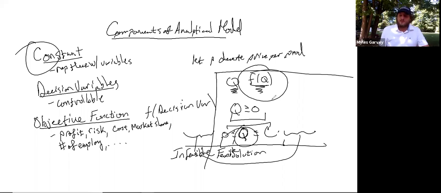These statements are what we refer to as constraints. So constraints give us the ability, as the name suggests, to constrain the possible values we can assign to the decision variables.